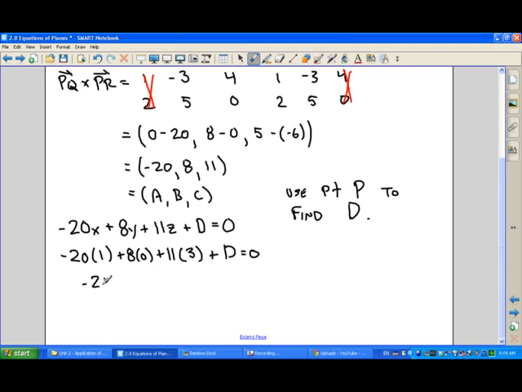So I get negative 20 plus 33, made a mistake. It should be a negative 3 that I'm subbing in for the z value. So negative 20 minus 33 plus d equals 0. Bringing the constants to the other side, I get a d value of 53.